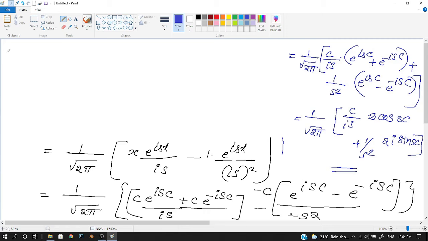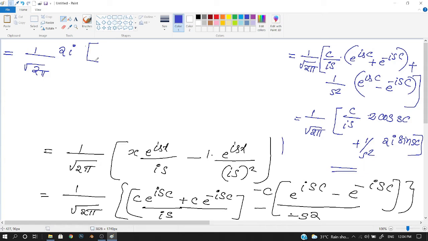That is equal to 1 by root 2 pi. Here in the denominator you have an I, and 1 by I means minus I, so instead of this 1 by I you can write minus I. Here 2I is common, you can take 2I outside.